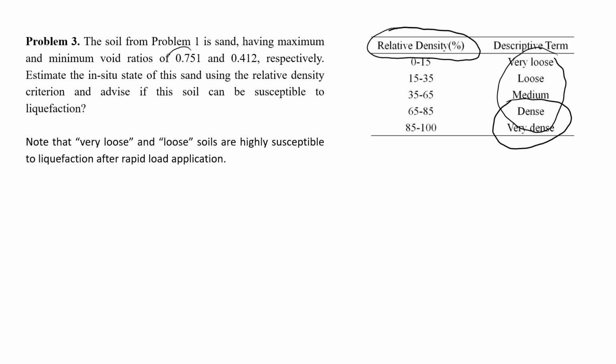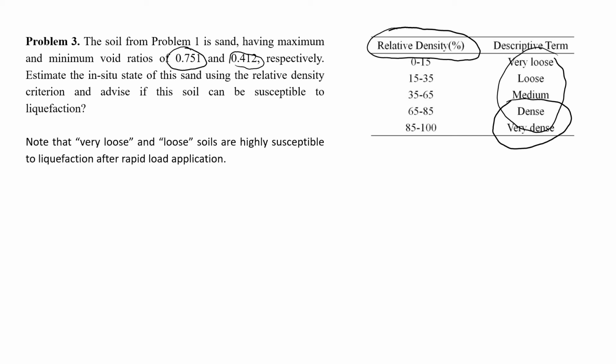Maximum is 0.751, and the minimum void ratio of the same soil is 0.412. We would like to see if the soil is in its loose state or dense state, and based on the relative density we can decide if the soil can be susceptible to liquefaction during, let's say, earthquakes or very rapid loading.